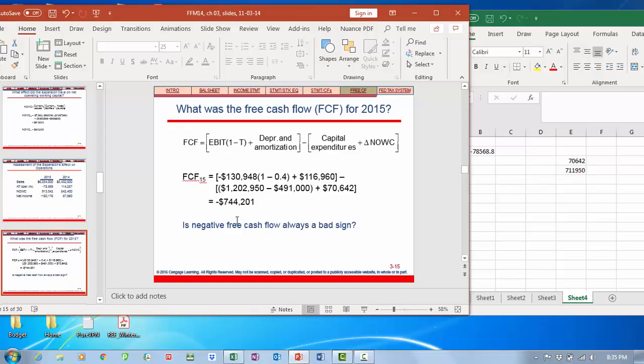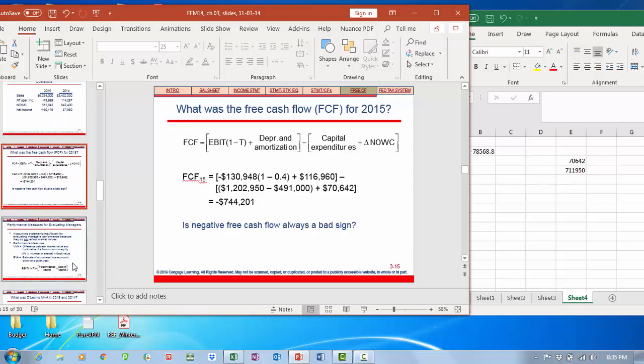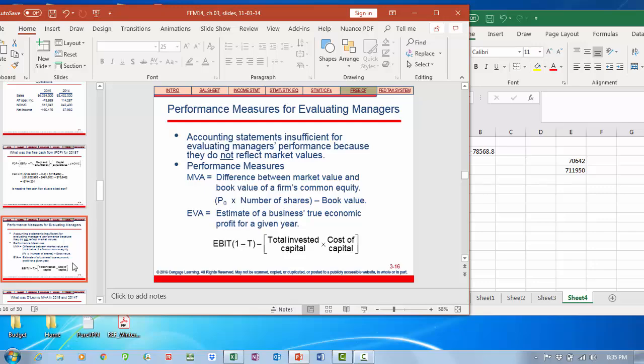So this is a negative free cash flow. Is it always a bad sign? And you can say yes and no, like I said, based on what the sectors are. But for the purposes of the exam, purposes of starting out just on the book, it's always safe to say yes, it was bad.